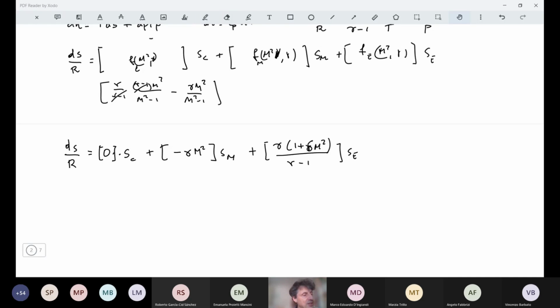So what you see here is that if we have only a source term Sc, so if Sm and Se are equal to 0, we have an isentropic flow. There will be no changes of entropy, whereas once you have some Sm or Se, you will have non-isentropic flow. So a condition to get isentropic flow will be Sm equal Se equal to 0.